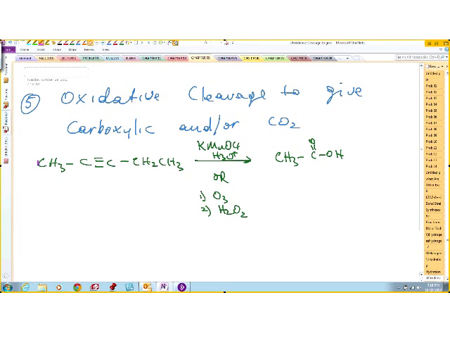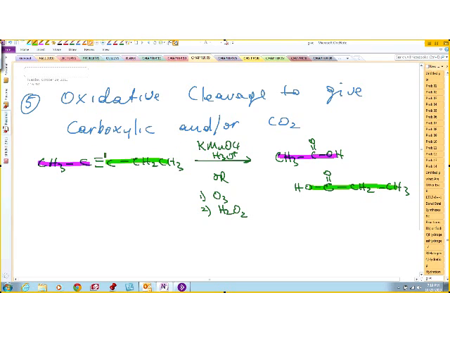So this part of the molecule here, you can see, is this right here. And then this other part, in other words, this will cleave the carbon-carbon triple bond. So you are now going to get 2 carboxylic acids.